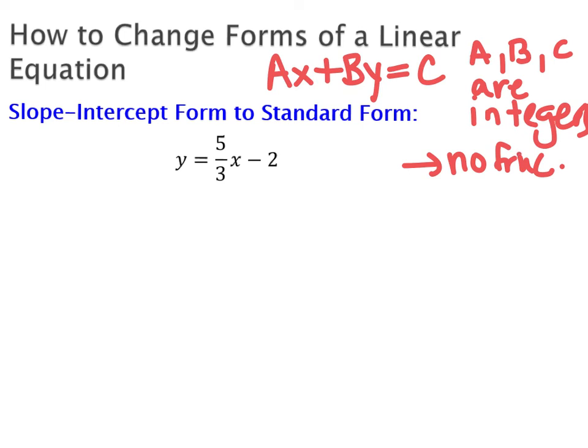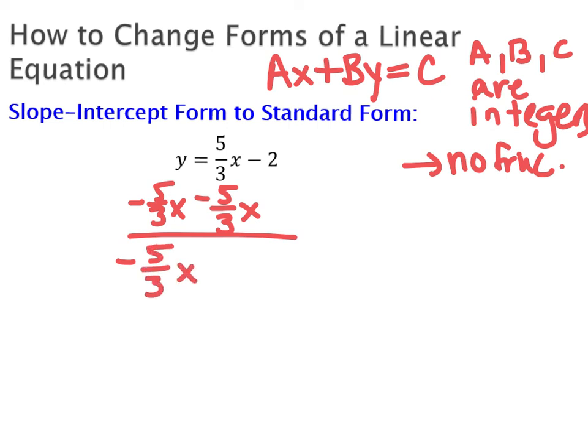Okay, so first thing we want to do is we need to get x and y on the same side of the equation. So I'm going to subtract 5/3 x from both sides. So that'll give me negative 5/3 x plus y equals negative 2.